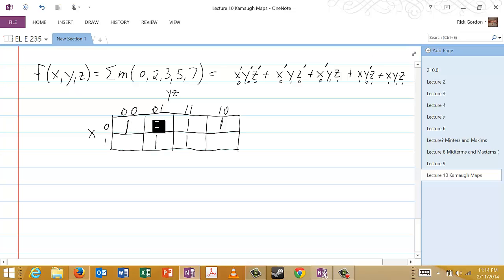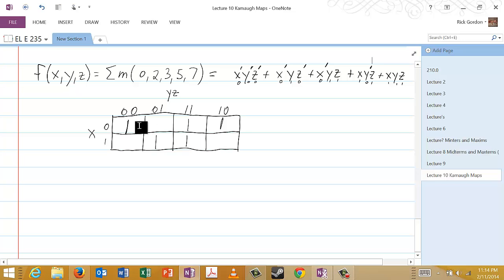This is 1 because we have 0, 0, 1. We skip over to here. This is 2 because it's 0, 1, 0. And finally, this is 3 because we have 0, 1, 1. Then 4 comes down to here, 1, 0, 0. 5. Skip again, 6. And then come back, 7.